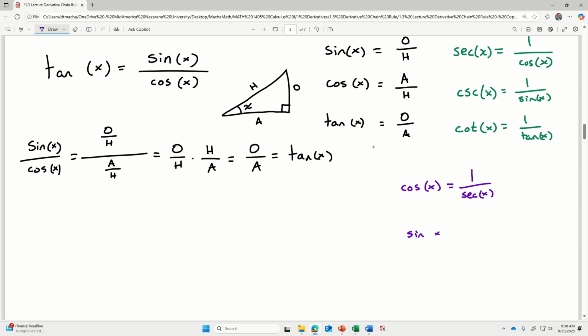And sine is the reciprocal of cosecant, and tangent is the reciprocal of cotangent, because things that are reciprocals come in pairs. They're reciprocal to each other. So those are all true. That means if I were to see cosine divided by sine, I say, hey, that's the reciprocal of sine over cosine. That means it's the reciprocal of tangent. That means it's cotangent.